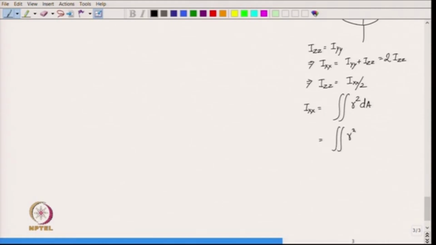So, we get r cube dr d theta, and since it is very thin, it also becomes big R cube into T and then 0 to 2 pi d theta. So, it is finally 2 pi R cube into T, okay, and that means your Izz is pi times R cube into T.